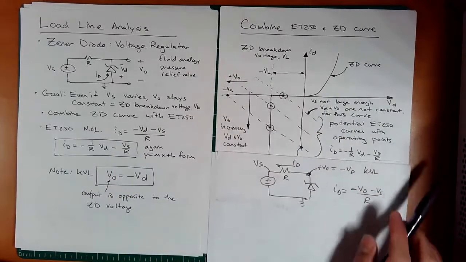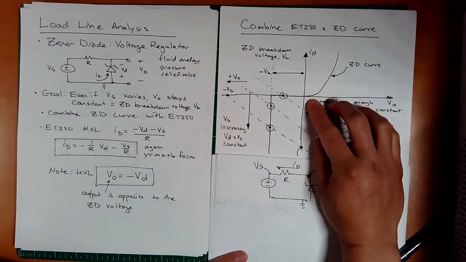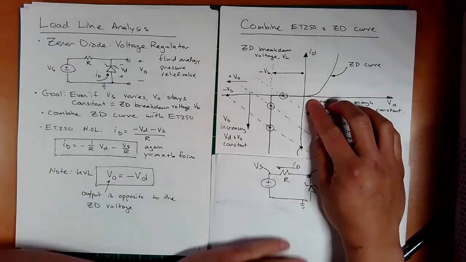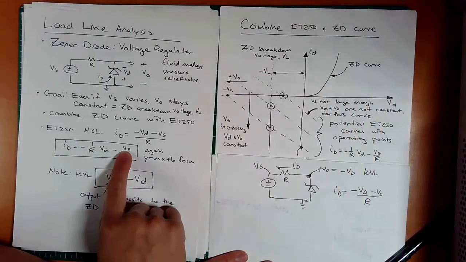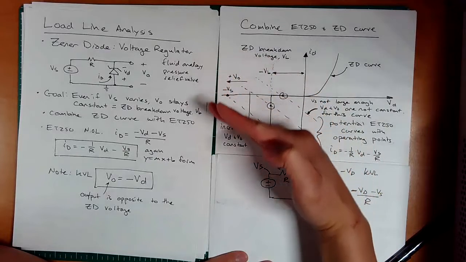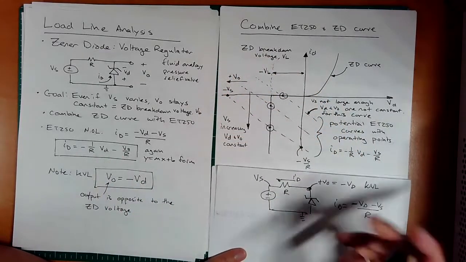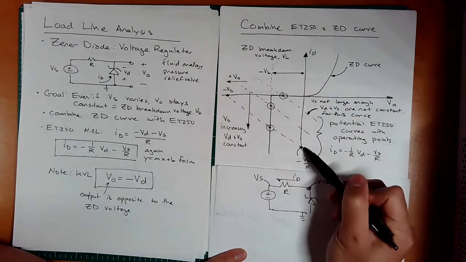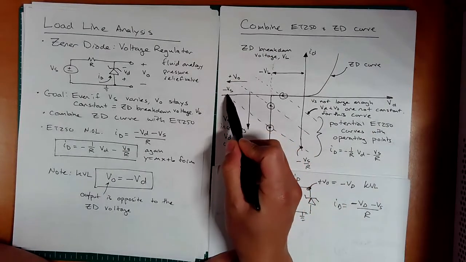All right, I know there's a lot of text on here, but let me walk you through what's going on. If I change certain values, for example this VS, notice this actually goes down. It starts going down the curve because I have a negative value. This point here on this line is negative VS over R, and this is negative VS for the x-intercept.